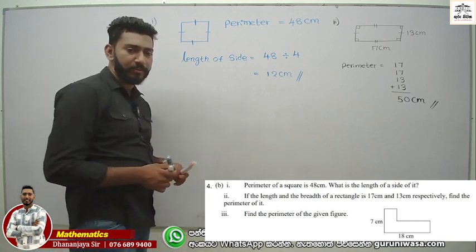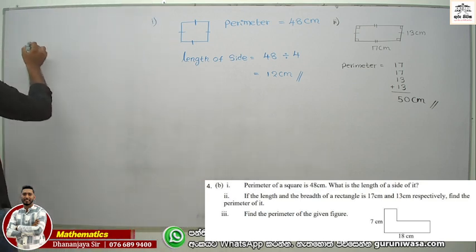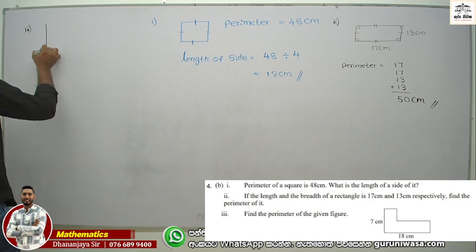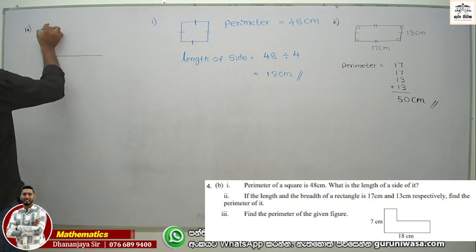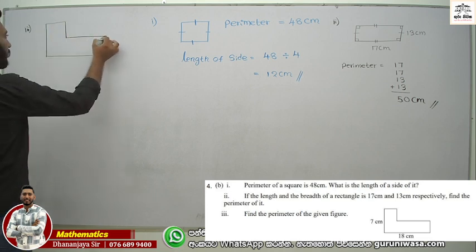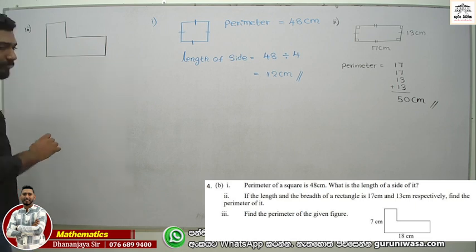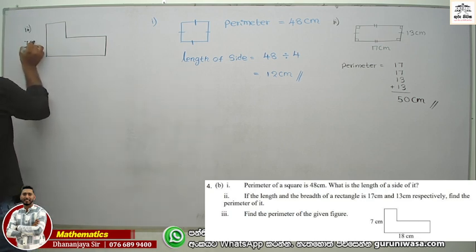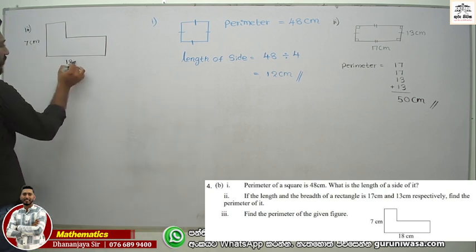Find the perimeter of the given figure. It's like an L shape. Right. And 7 and 18. This was very important. Now look at this.